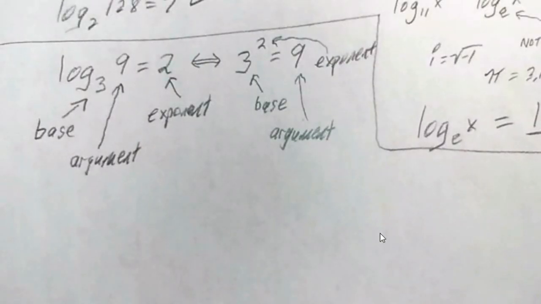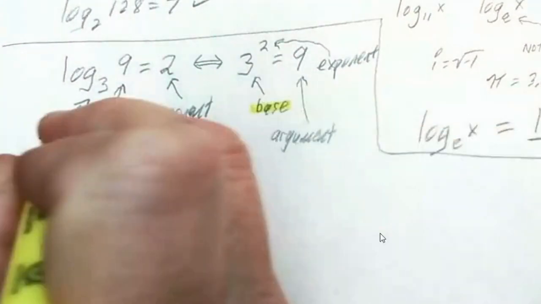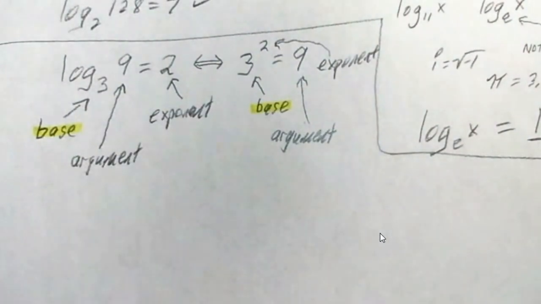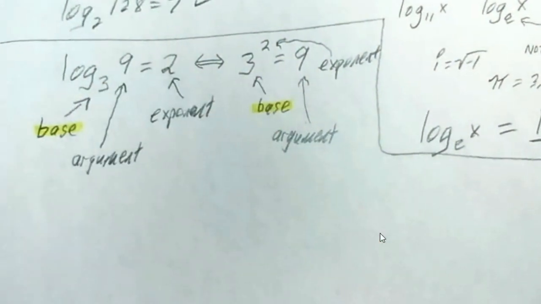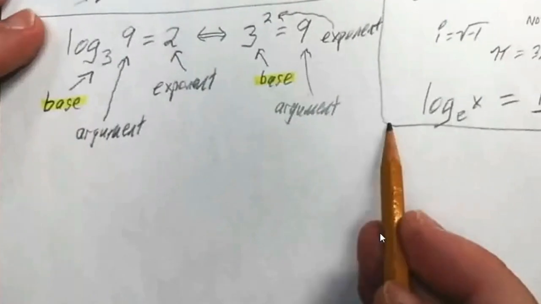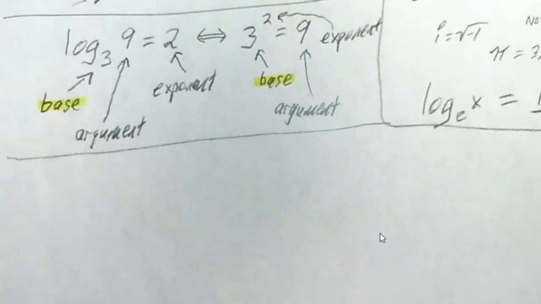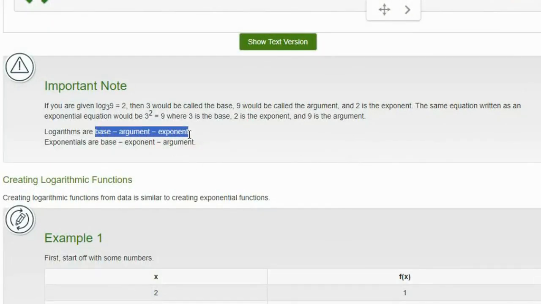So just understand which number is which, and base is a big one that we talk about very frequently. Same thing. The base is the base when we rewrite it. So we're going to have that in our notes, just so we understand the correct terminology. Logarithms are base, argument, exponent. Exponents are base, exponent, argument.